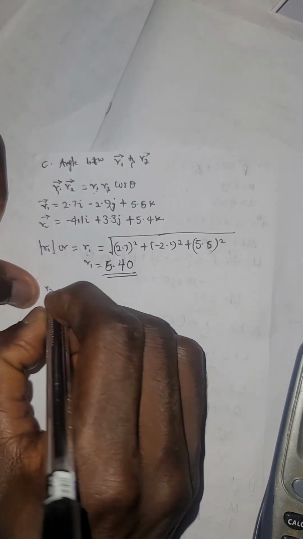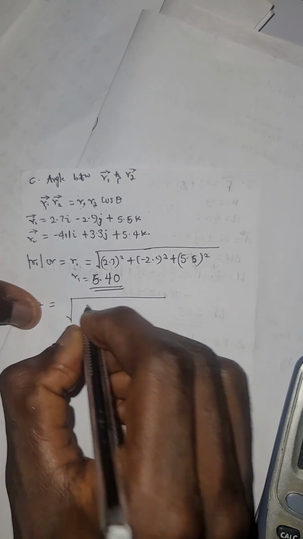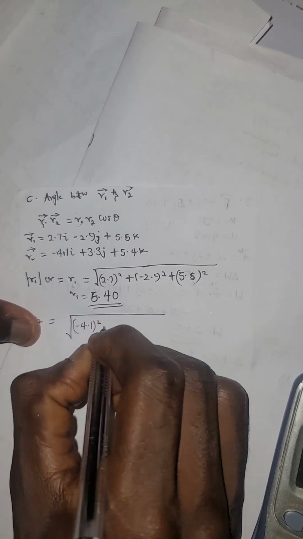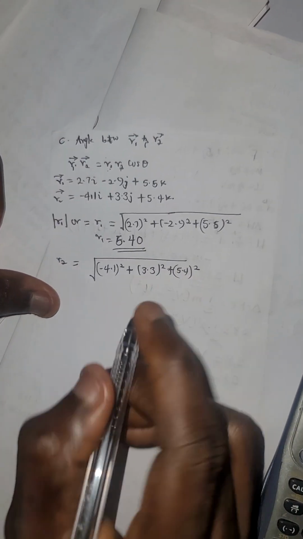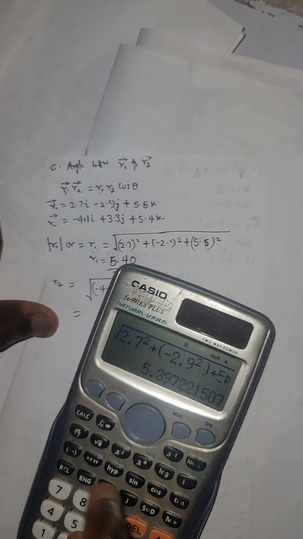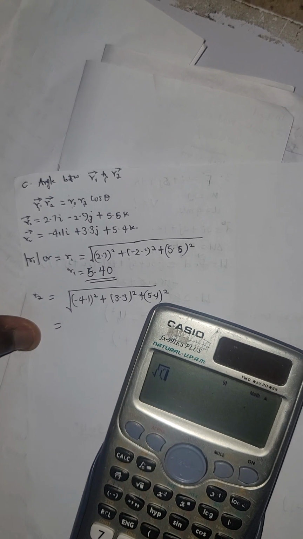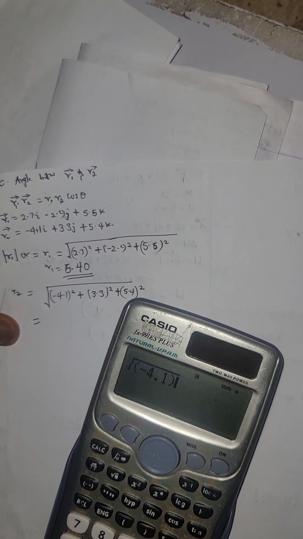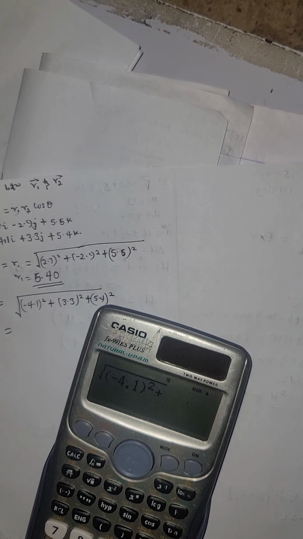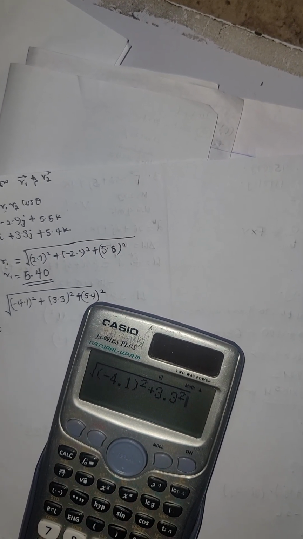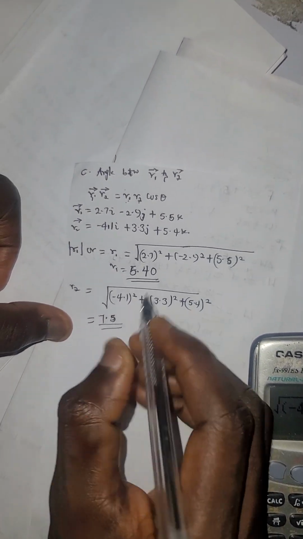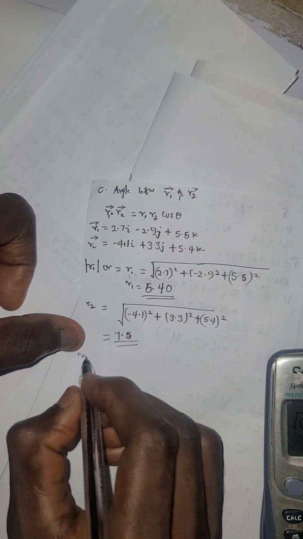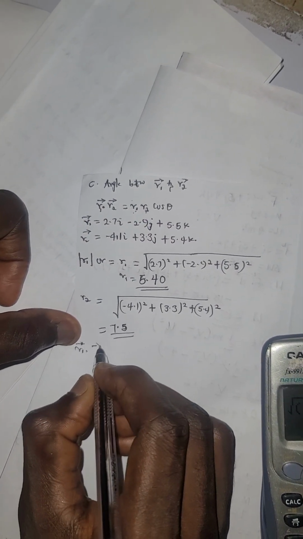For our R2, we have the square root of minus 4.1 all squared plus 3.3 squared plus 5.4 squared. So this one is 7.5.